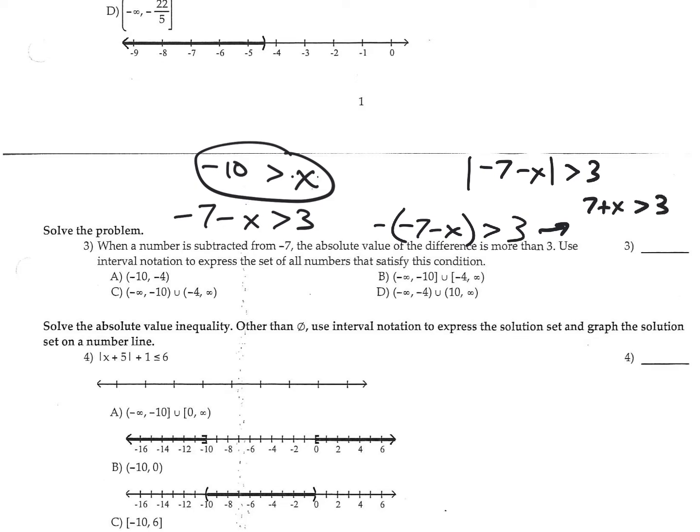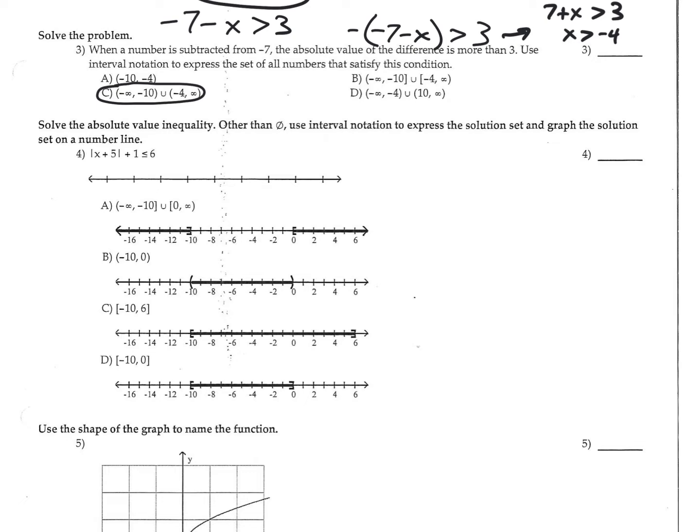I can subtract 7 from both sides. So x is greater than -4. So I just have to choose the solution that meets these criteria. I go numbers less than -10 and greater than -4. That will be option C.